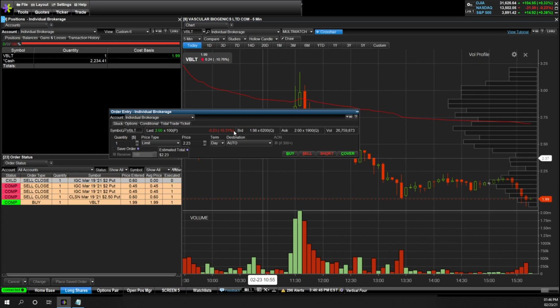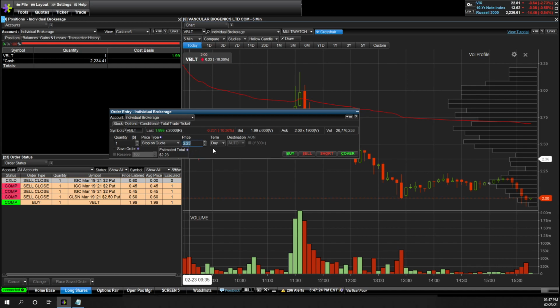So you've got your order entry ticket open. You switch your price type to limit, or mine defaults to limit. If you do stop on quote, what that's going to do is, when the price prints at the quote, it triggers a market order.